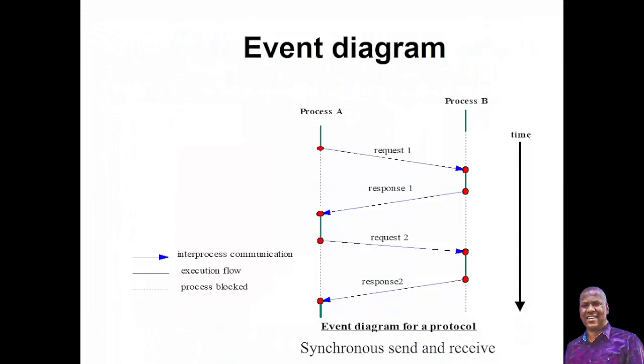So in a nutshell, the event diagram that you have been looking at is summarized by two processes: process A communicating with process B in a particular time frame, and a lot happens during communication between the two processes. We could have some kind of delay, blocking mechanism, non-blocking mechanism, and so on.